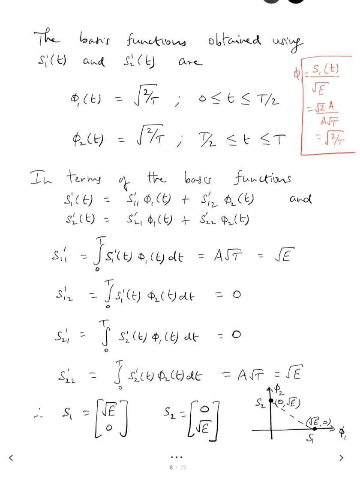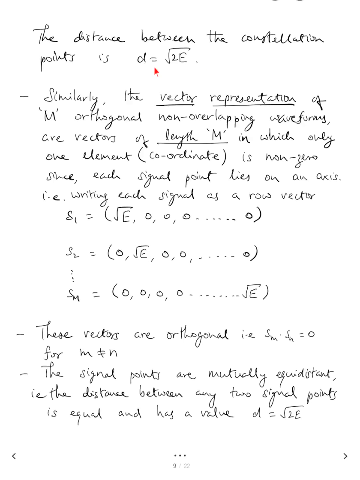The other thing you notice from this diagram is that the signals have a distance of square root of 2E. You can simply apply Pythagoras theorem to this triangle to get the distance between the two points, which turns out to be square root of 2E.